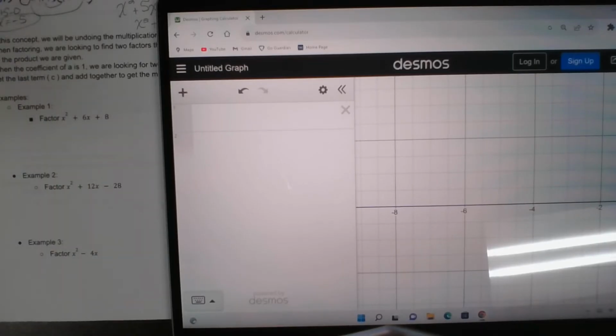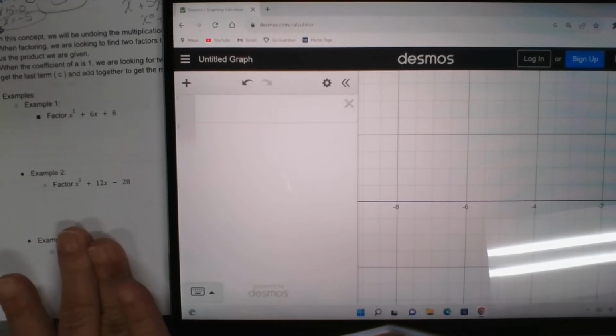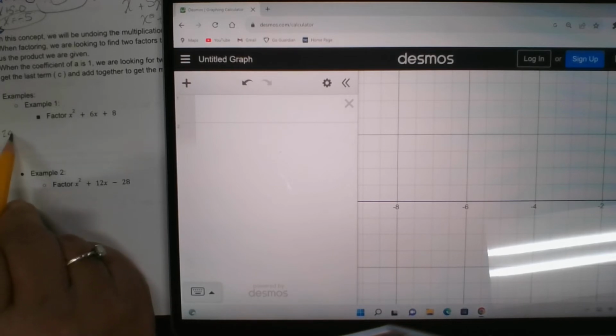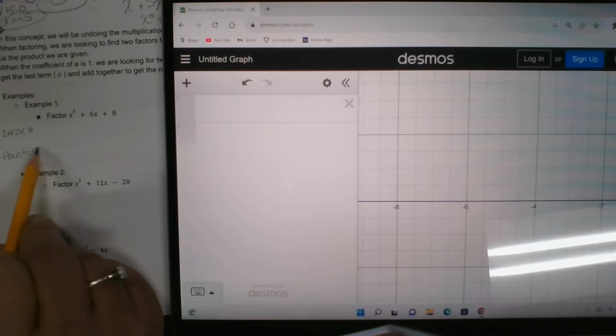Okay, so here's Desmos. Here are the 3 example problems. We're going to factor them in here. Using Desmos, we're going to come up with their factors. The first thing we're going to find are the zeros. Then we're going to write the factors from those.